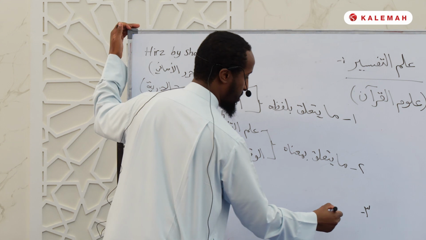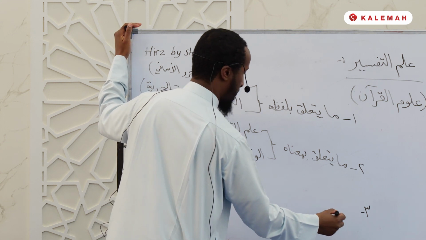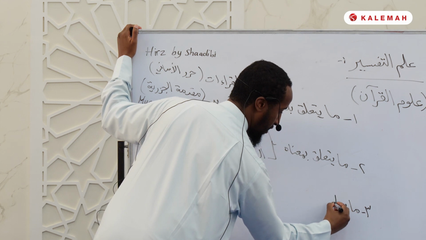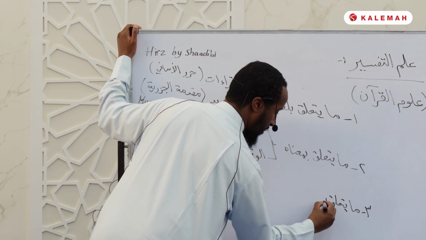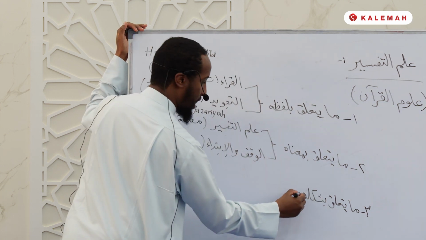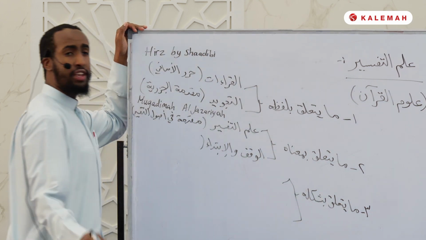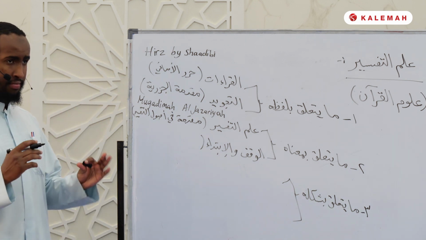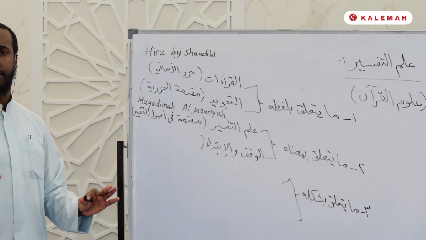The third one is ما يتعلق بشكله. It means what is connected to the writing, the way it's written.